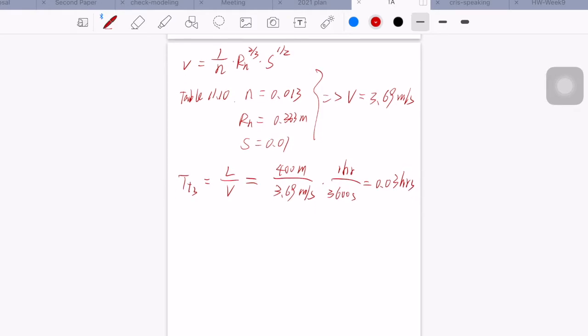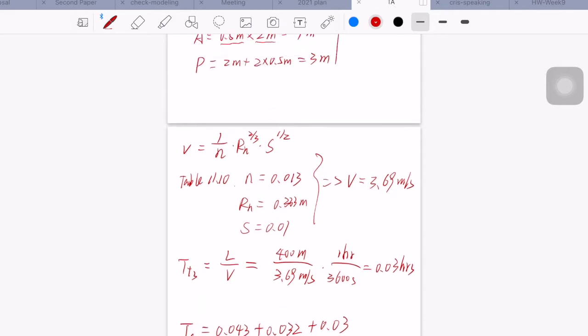So now we know the time of concentration Tc should be equal to 0.043 plus 0.032 plus 0.03. So this value is 0.105 hours. So also equals 6.3 minutes.